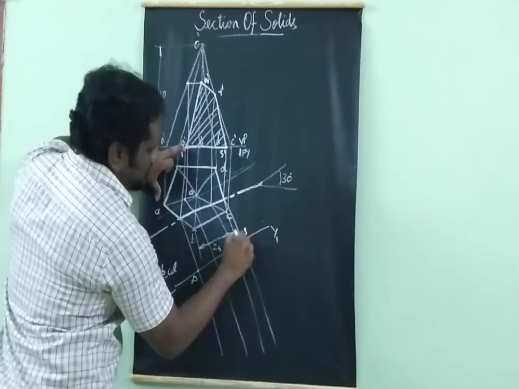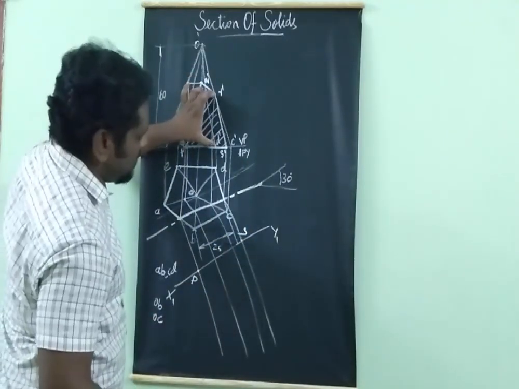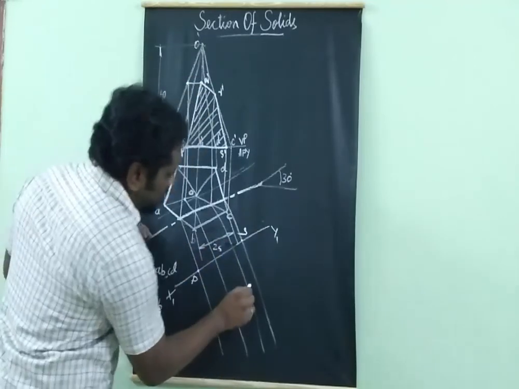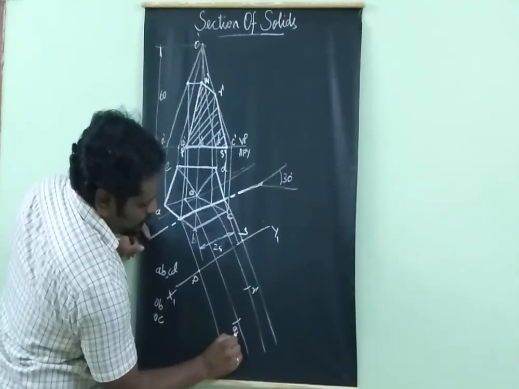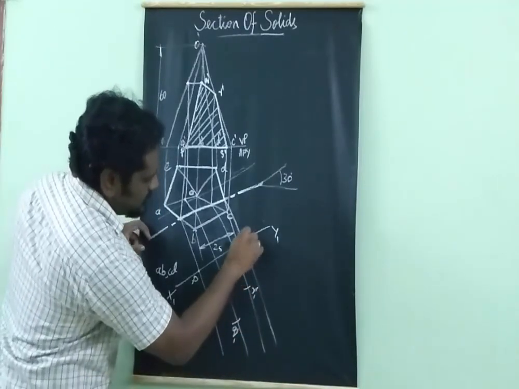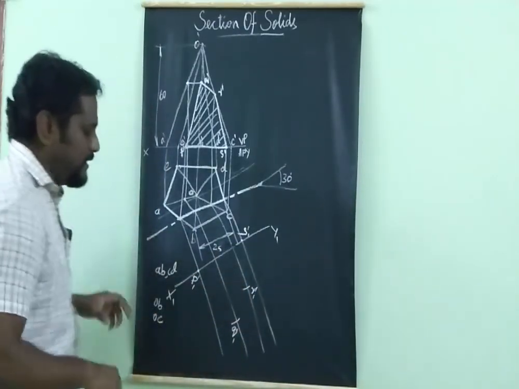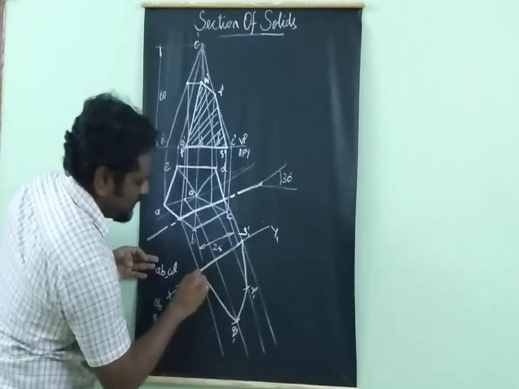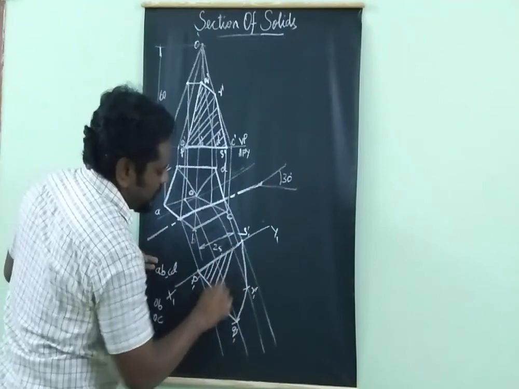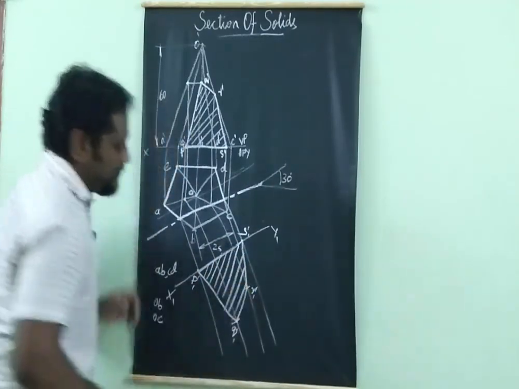Then measure this distance and cut an arc here. You will get the point R here. This is Q1 dash. This is R1 dash. This is S1 dash. This is P1 dash. Right? Now connect PQ, QR, RS, SP. Draw the hatching to finalize your true shape.